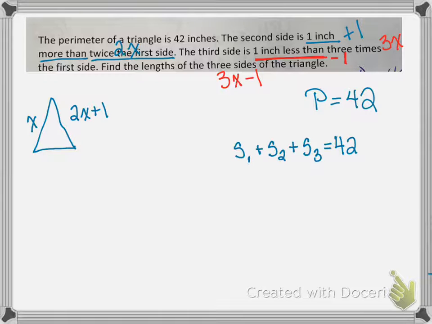Now, the second side was 1 inch more than twice the first side, and we wrote that as 2x plus 1, and that's an excellent habit to get into, because then when you hit a less than, you typically get it right. Now, what is side 1 of this triangle?